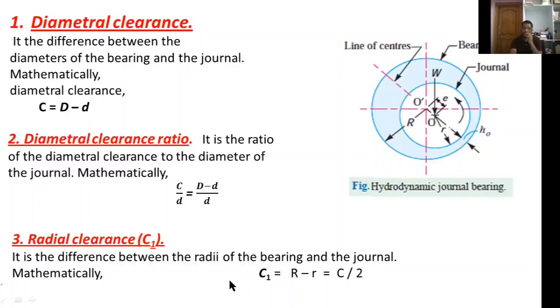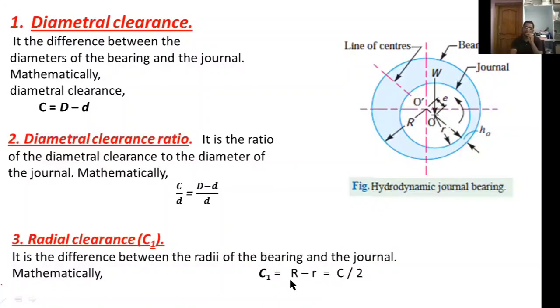Already we know that capital D is the diameter of the bearing, whereas capital R is the radius of the bearing. Small d is the diameter of the shaft, so small r is the radius of the shaft.